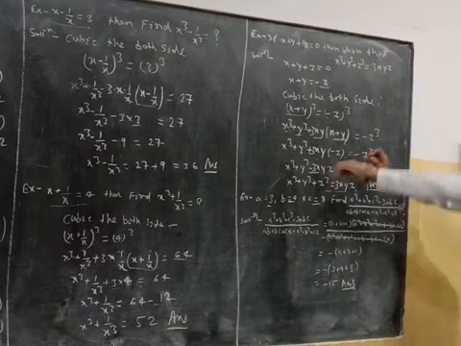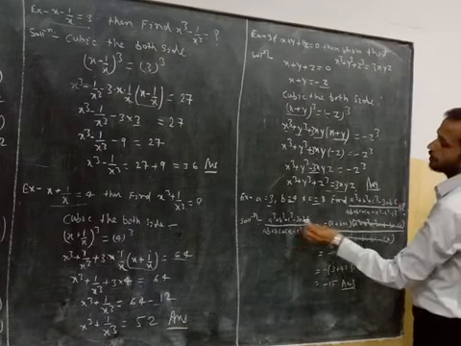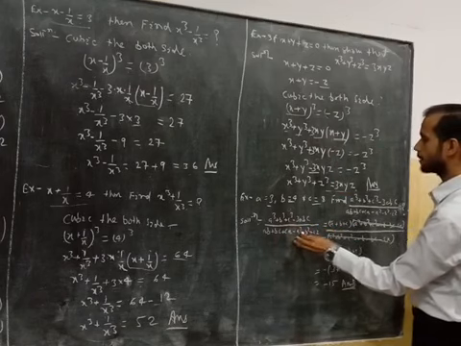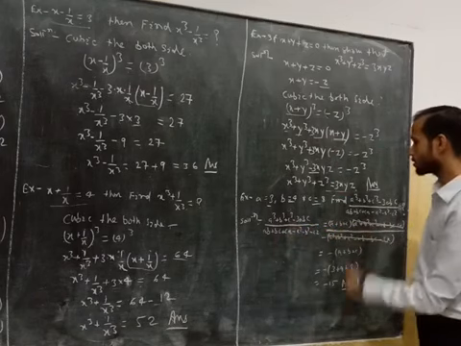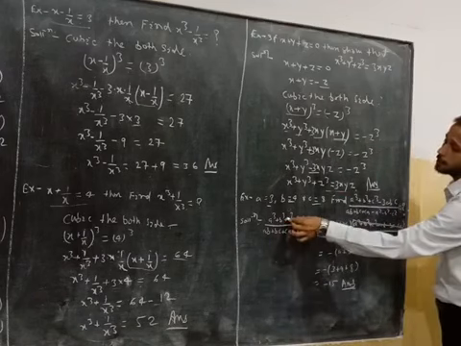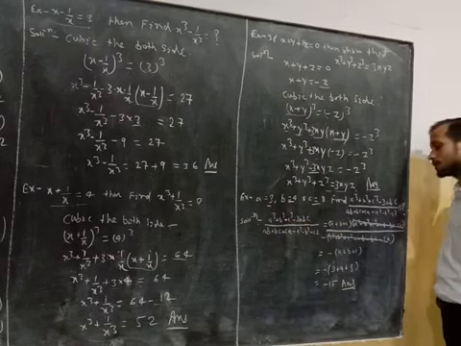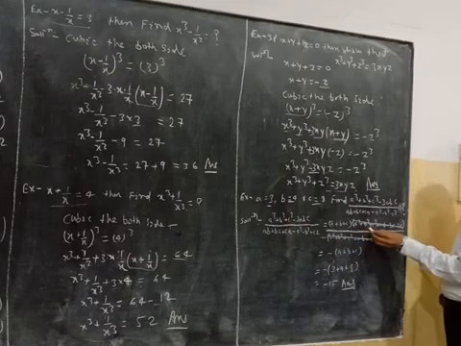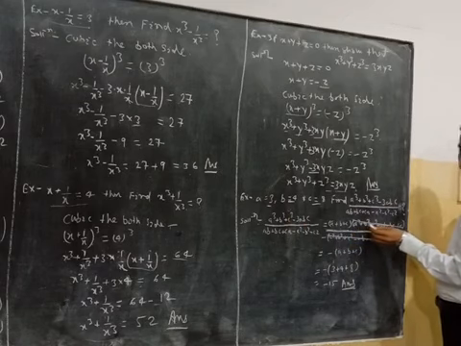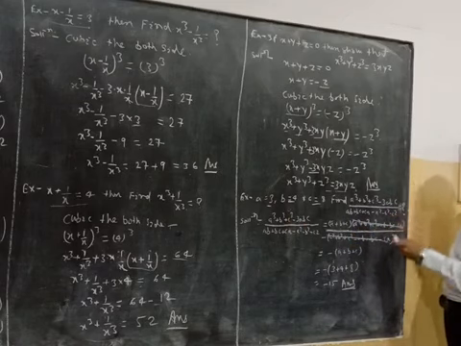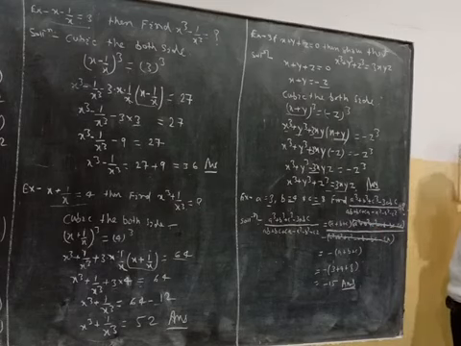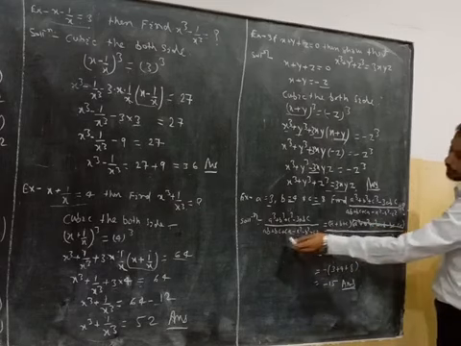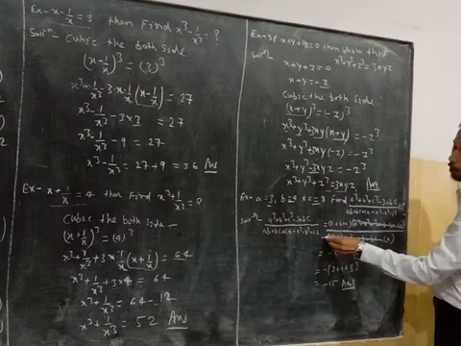Given a cube plus b cube plus c cube minus 3abc is equal to (a plus b plus c) into (a square plus b square plus c square minus ab minus bc minus ca), divided by the denominator, and this term is common minus.